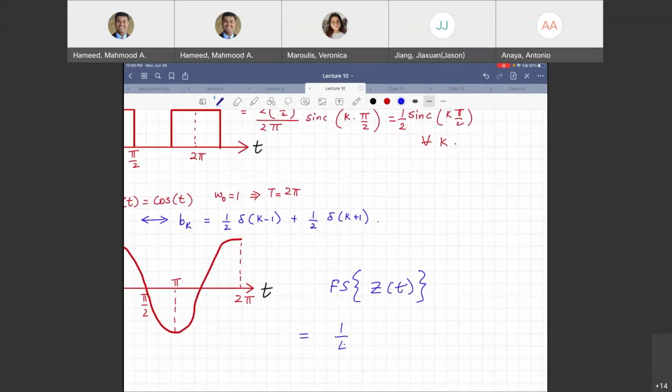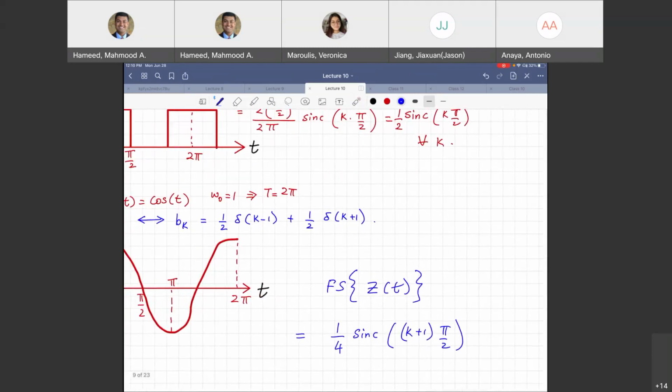So 1/4 sinc of (k plus 1) pi over 2 plus 1/4 sinc of (k minus 1) pi over 2. That's it.